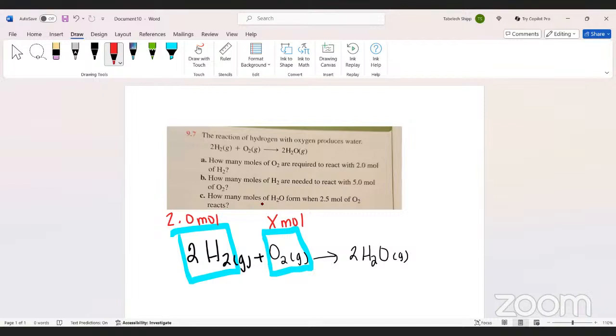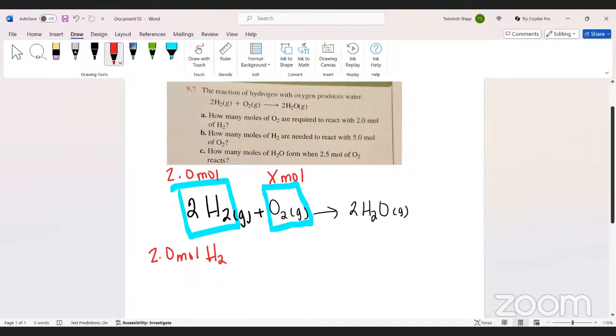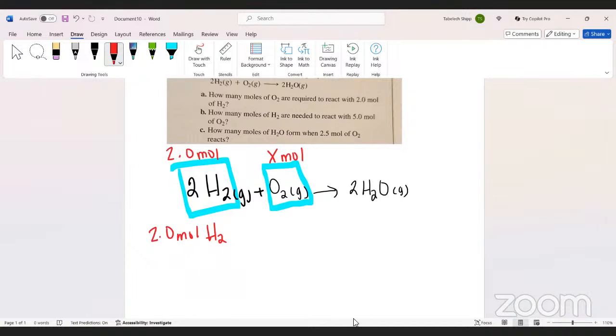Now, for those of you that don't quite see how to do this, what you're going to do is take the 2.0 moles of hydrogen. That's the starting number. What you're trying to get to goes on the very top, and it's the coefficient. So at this step, you put 1 mole of oxygen on the very top.